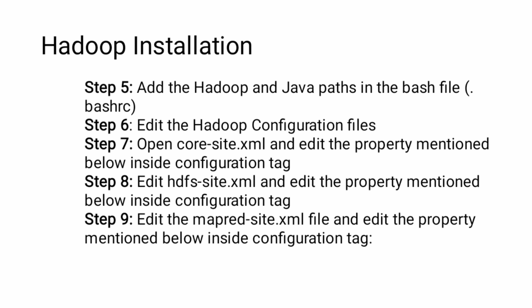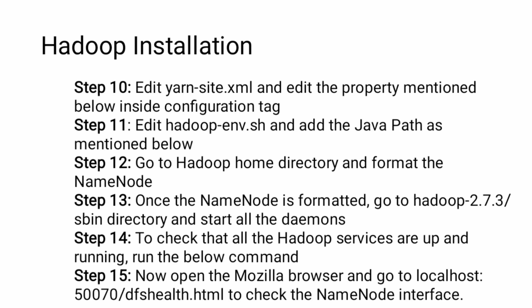Edit hdfs-site.xml and edit the property mentioned inside configuration. Step 9. Edit the mapred-site.xml file and edit the property mentioned below inside configuration. Step 10. Edit yarn-site.xml and edit the property mentioned below inside configuration tag.